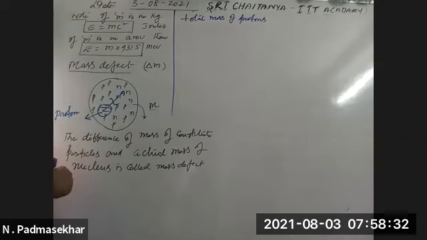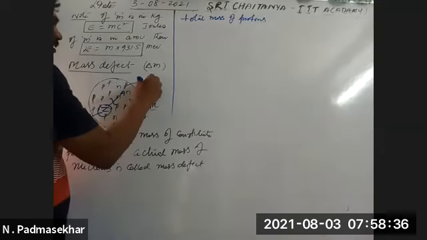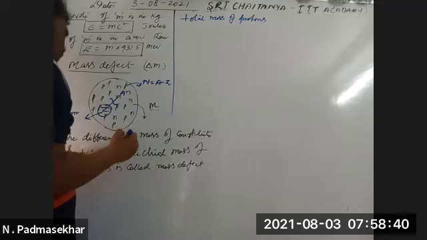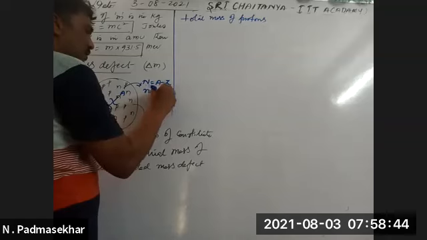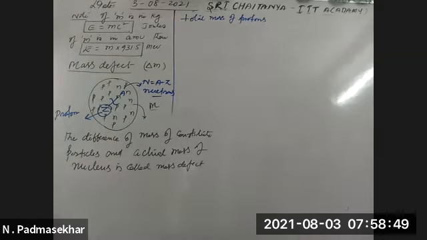Protons and neutrons. Neutrons is nothing but n is equal to A minus Z neutrons. Any nucleus is considered, X Z A is that nucleus.